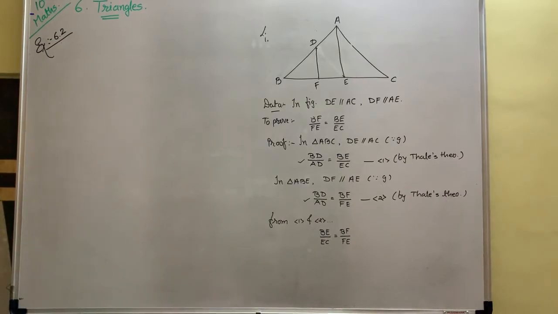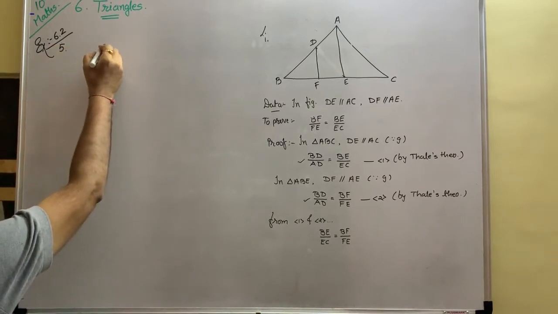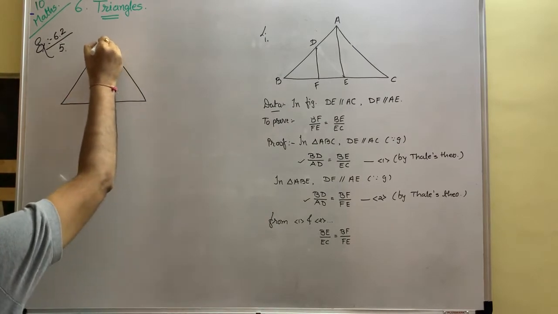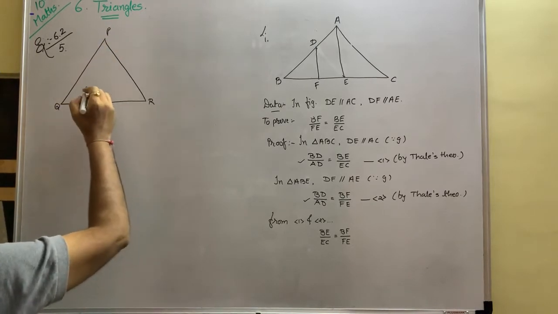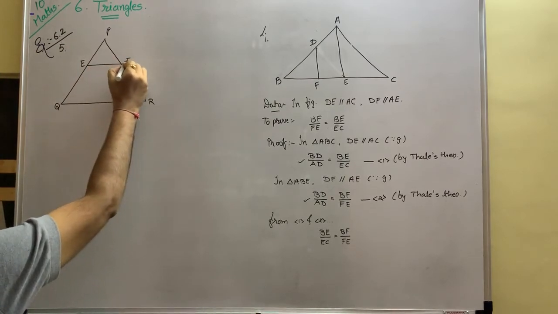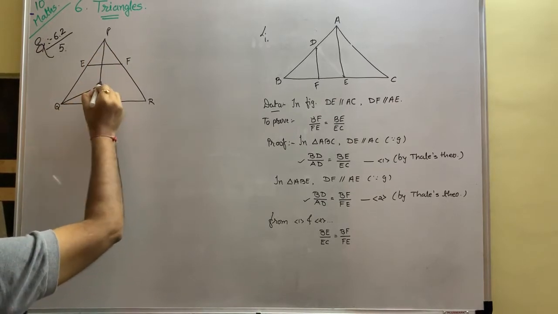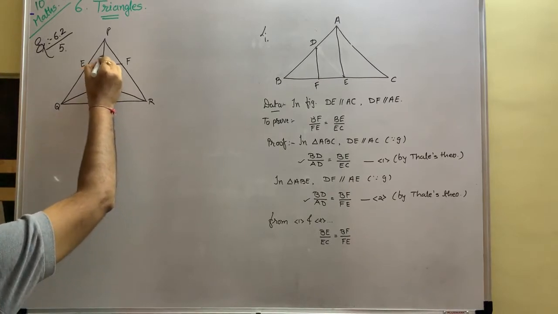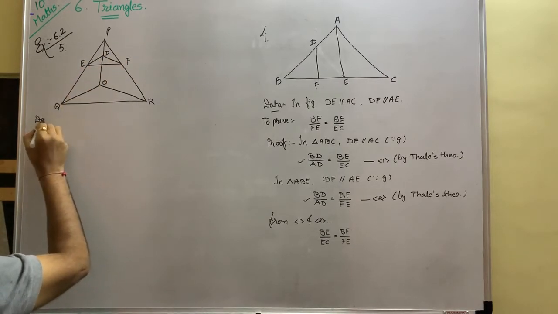Now number 5. In the figure, DE is parallel to OQ. Diagram is given, PQR, EF, O, D. What is the data?